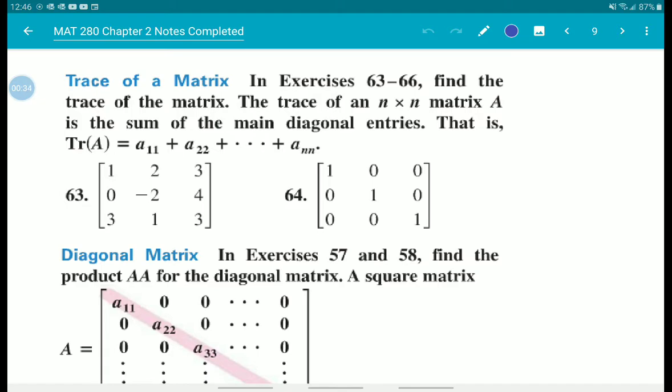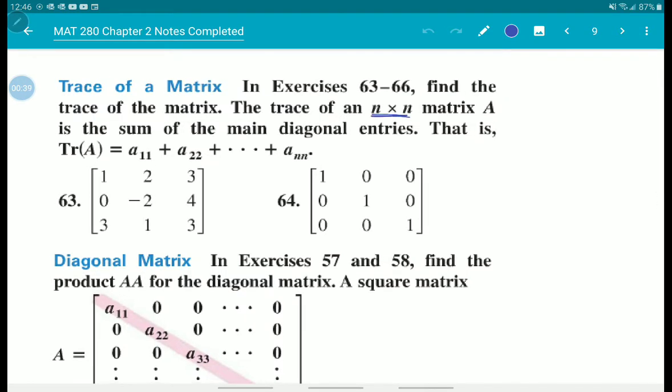So first off, we're going to talk about the trace. When we talk about the trace of a matrix, it has to be a square matrix. Notice the dimensions here. And the trace is defined to be the sum of everything down the main diagonal. So if we wanted to write that mathematically, remember, every entry in a matrix can be written in terms of ij notation.